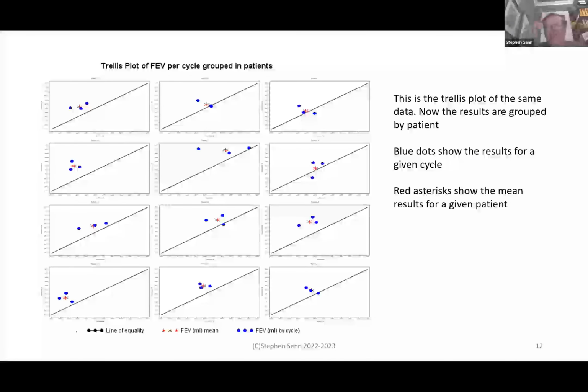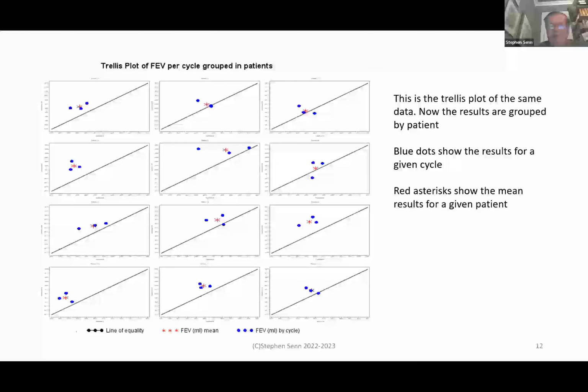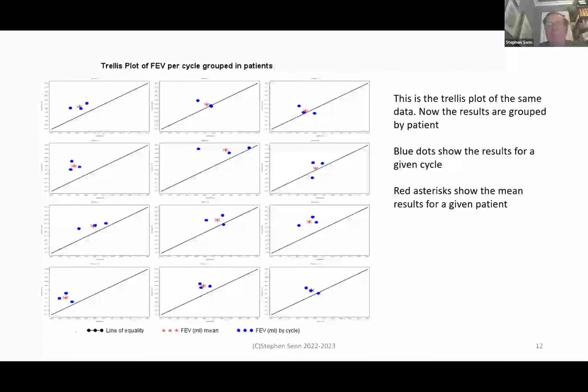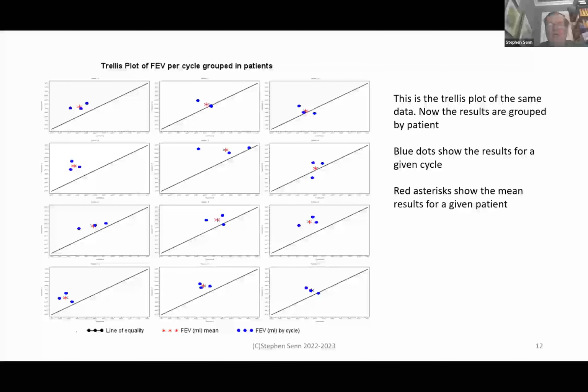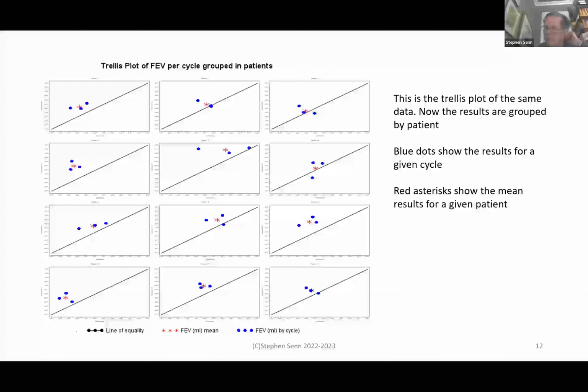This is the same thing in the form we've seen before. This is the trellis plot. Now the results are separated by patient, which would of course enable us perhaps to see whether there are particular patients for whom the treatment B is more beneficial than A, the majority presumably, but whether there are some patients for whom the reverse is the case. This doesn't actually seem to be so from this particular scatter plot. Here the 3 blue circles are the individual cycle effects that we saw on the previous diagram, but now plotted patient by patient.